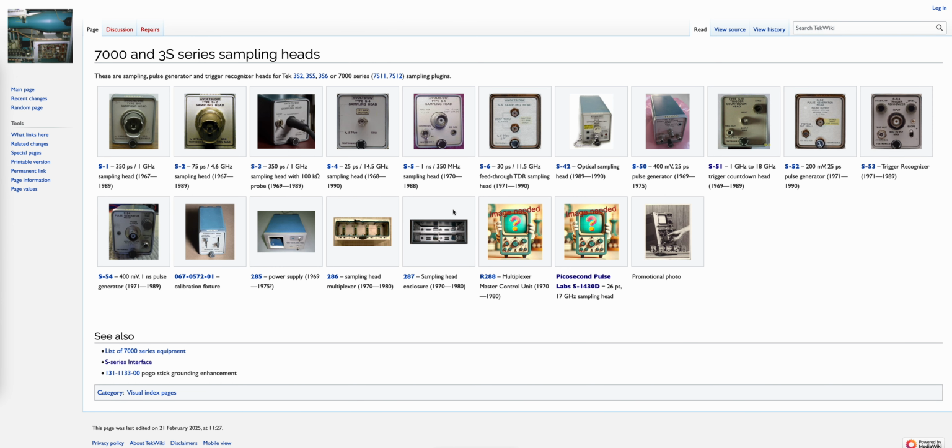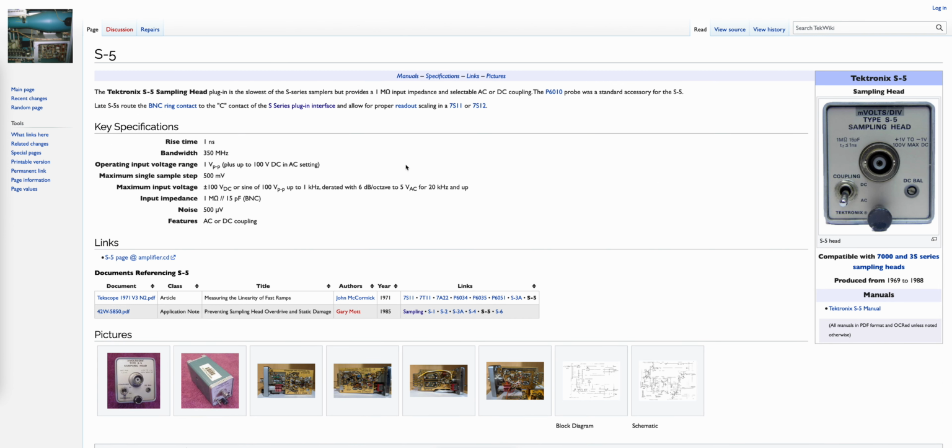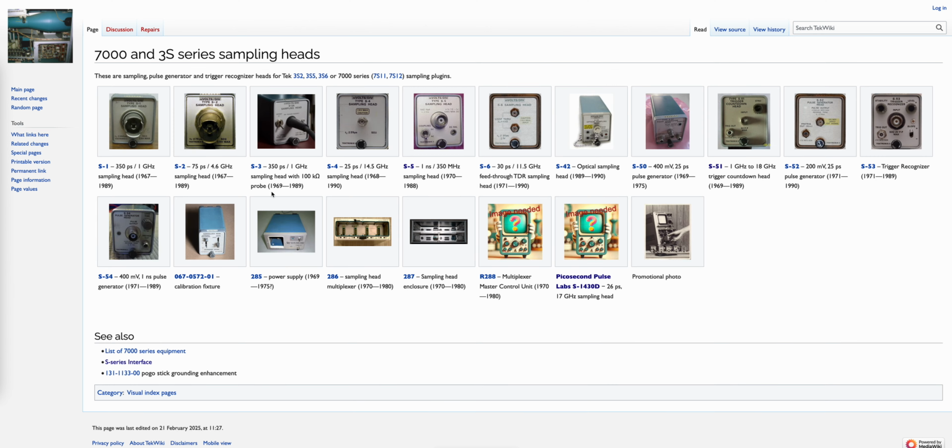But the concept is the same. We will get, either from the device or from an external source, a strobe signal. This will use a sampling diode to get samples of this signal, and this will help us to reveal the signal inside the device.